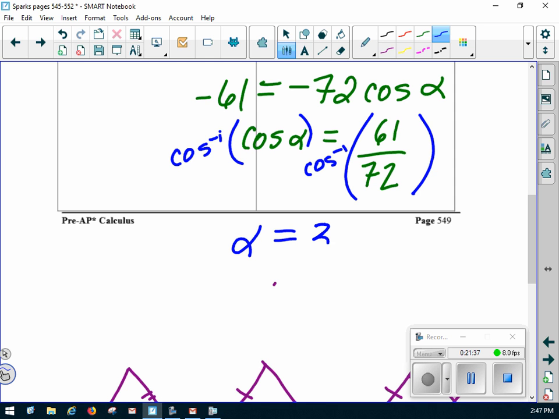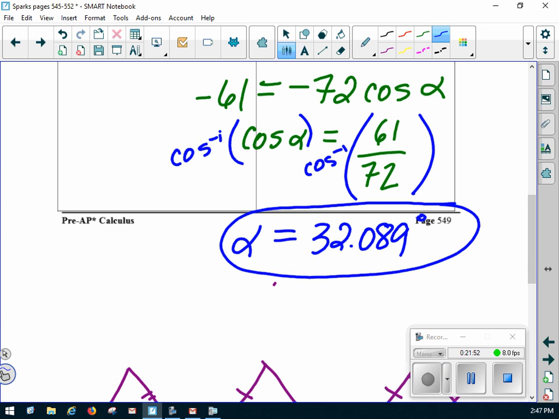Is that right? Yes. Now, I don't know if I'm going to have to use that later or not. Store it.